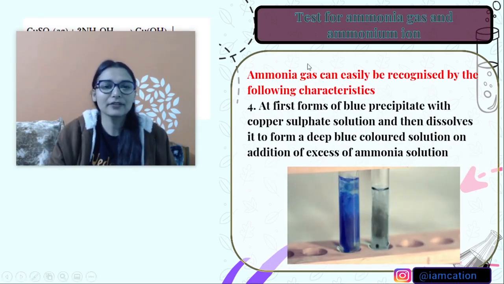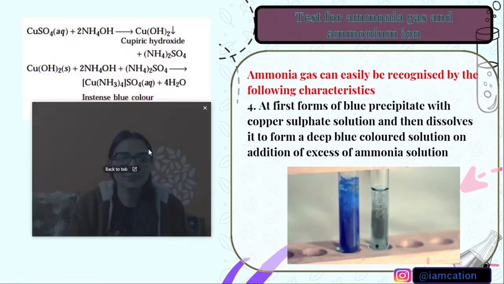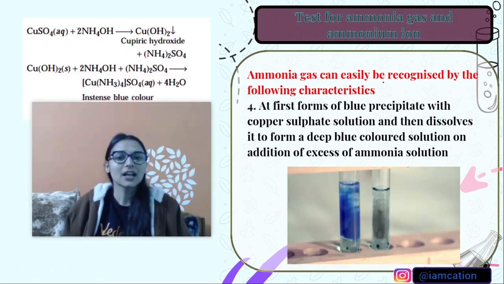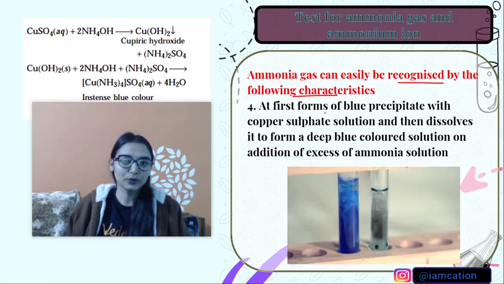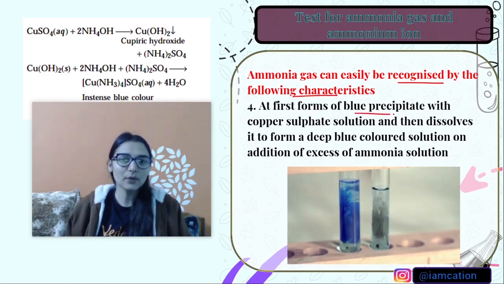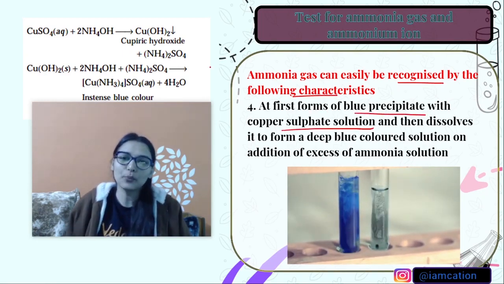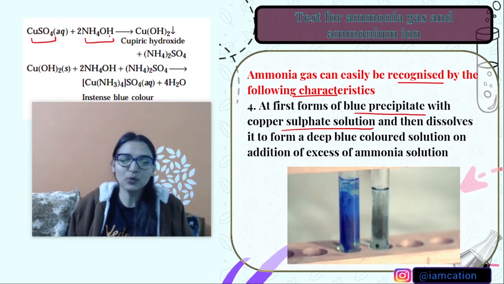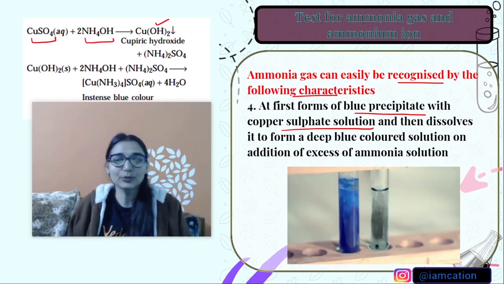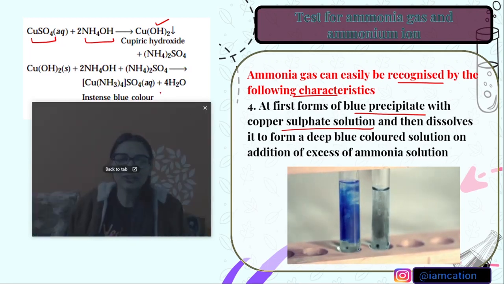Apart from that, I have this important test again. Ammonia gas can easily be recognized by this test number 4. At first it forms a blue precipitate with copper sulfate solution. When we treat copper sulfate solution with ammonium hydroxide, this gives us copper hydroxide, a precipitate of what color? Blue color. And the reaction is not over.